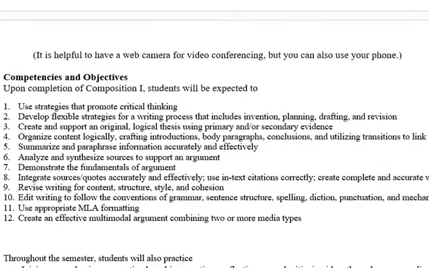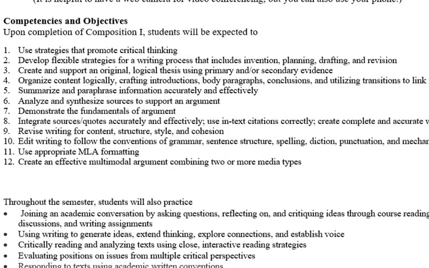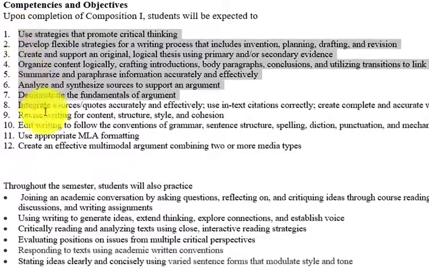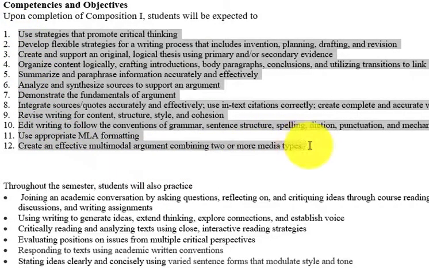The next section of the course is the course objectives, and brace yourself, I'm not going to read every single one of these to you, but I do think it will be useful if you'll read these for yourself. Even if you've had quite a bit of writing in the past, I know each writing class winds up being just a little bit different, and the English department at East Central has selected these particular performance indicators as things they want to make sure you have the opportunity to do in Comp 1 to ensure your success in your higher level classes when you get to those.